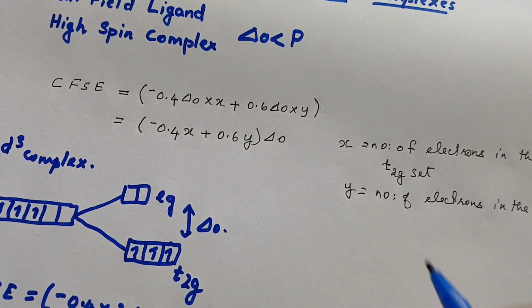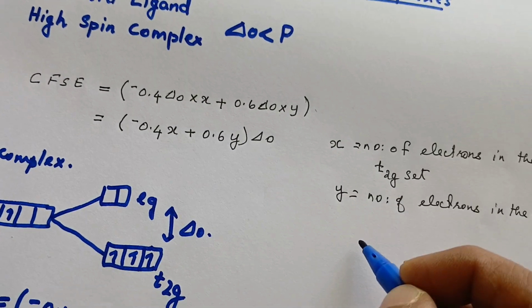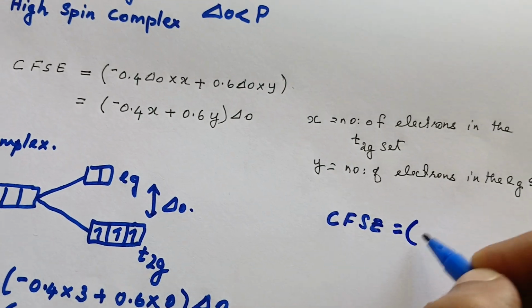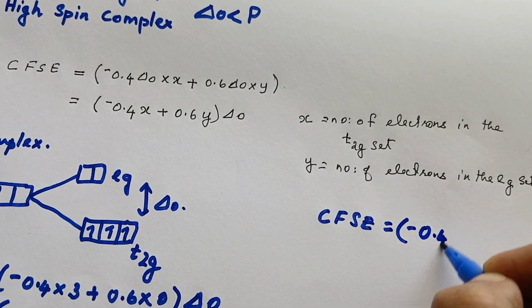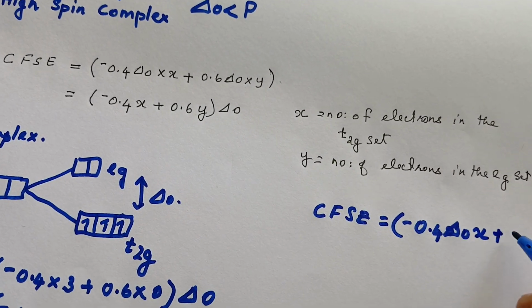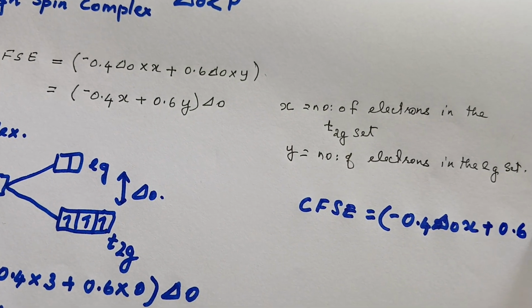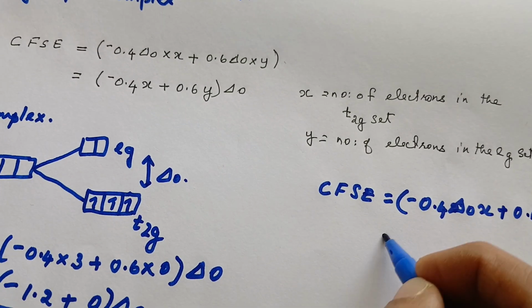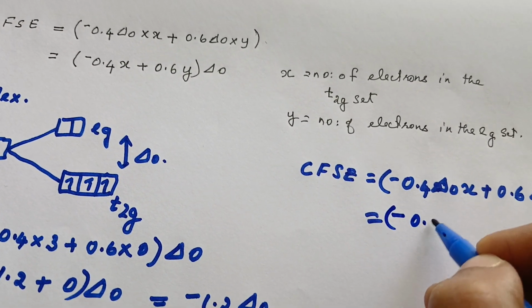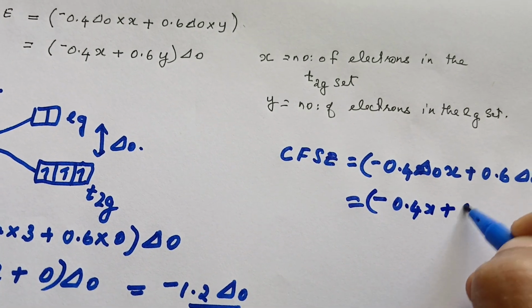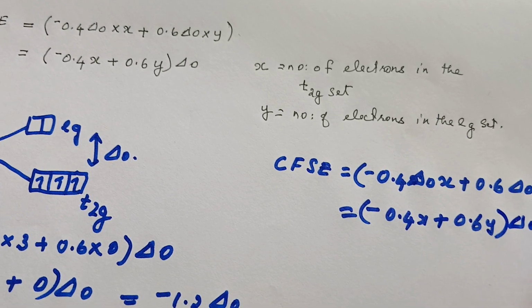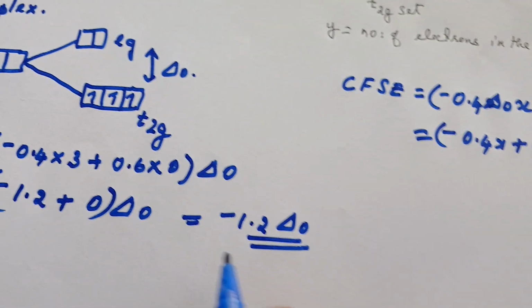Otherwise we will have to put a P, that is CFSE equals minus 0.4 delta O x plus 0.6 delta O y, that is minus 0.4 x plus 0.6 y into delta O plus P, if there is pairing energy or pairing taking place.